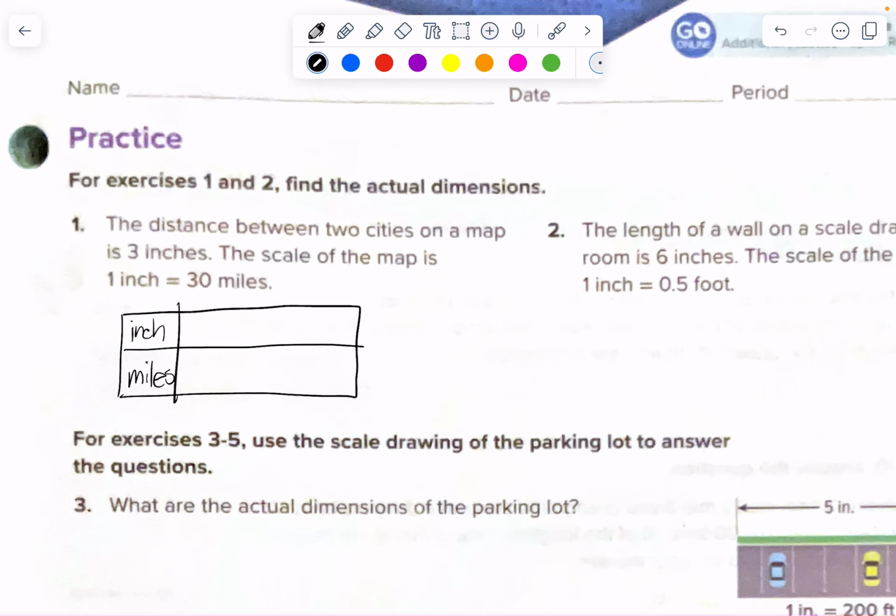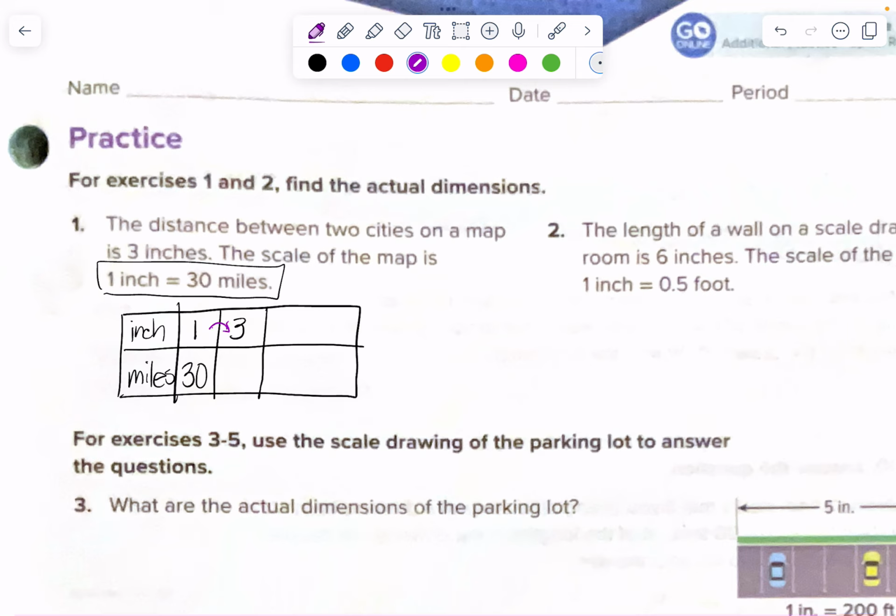All right, so I'm always going to start with the scale that they give me. So right now I know that 1 inch is 30 miles, and I'm trying to figure out what 3 inches would be. Now, if we wanted to do the numbers in between, we could. So I could say what 2 inches might be and then figure out 3. I could also just go straight to 3, okay, and look for how I'm scaling that ratio.